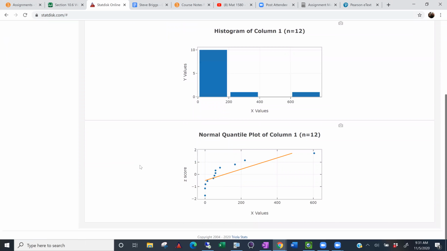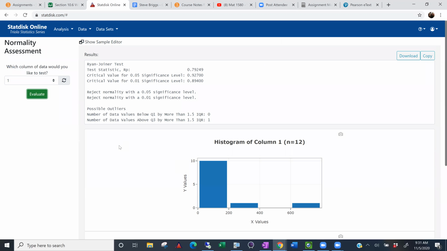Let's just start with the most basic one, the histogram. Does that look like a normal distribution? No, not at all. How about the normal quantile plot? Does that look any better? No, it's not. And in fact, if you really want to put the nail in the coffin, you can appreciate this now.